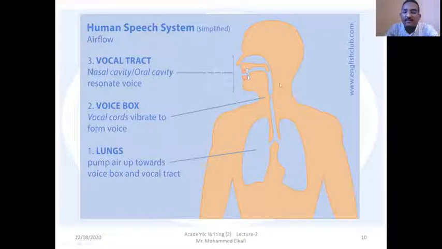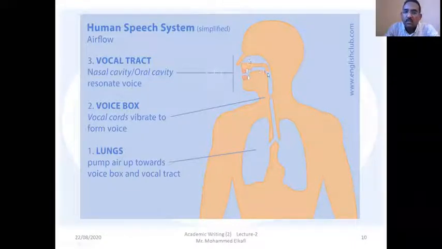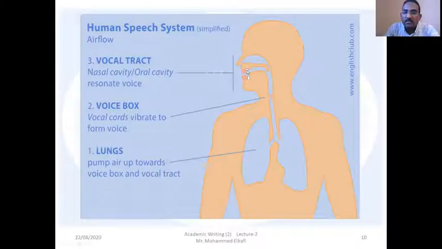And also we can see the vocal tract, which includes two important cavities. The first one is the oral cavity, and the second one is the nasal cavity.